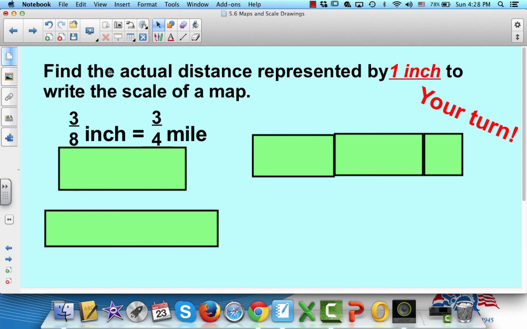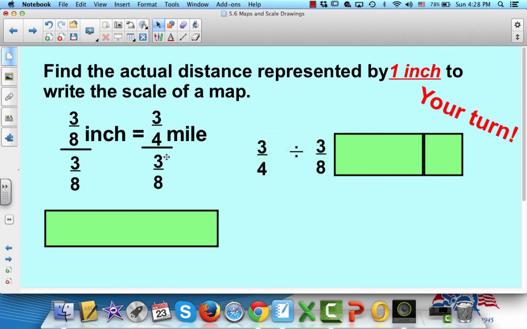Your turn. Find the actual distance represented by 1 inch to write the scale of the map. What are you going to divide both of them by? You know what it is. Pause the video. So we divide both sides by 3/8. That makes this go away and become a 1. We come over here and we go 3/4 divided by 3/8. 3/4 divided by 3/8 is equal to 3/4 times 8 over 3.